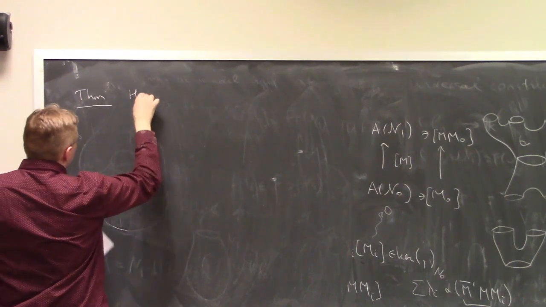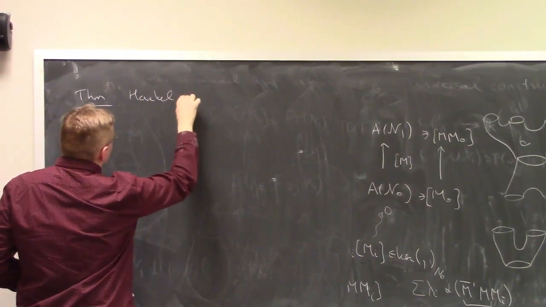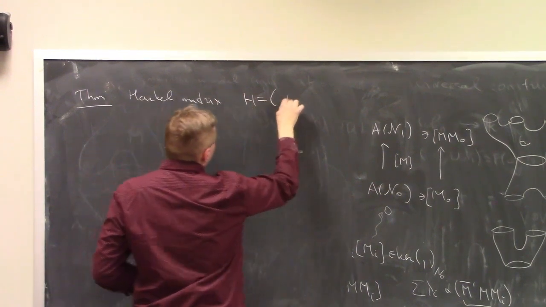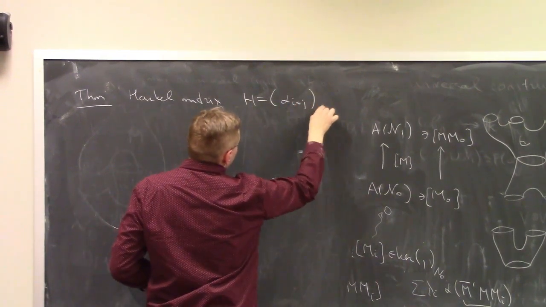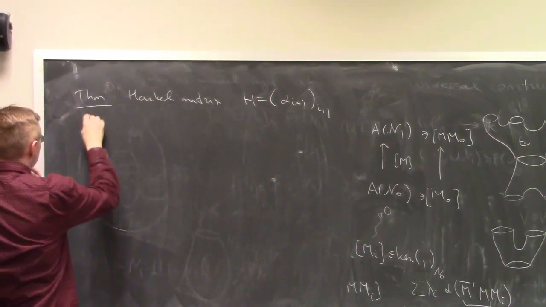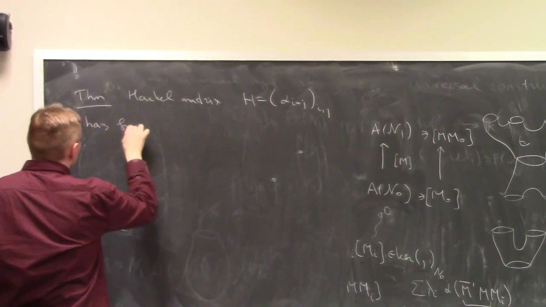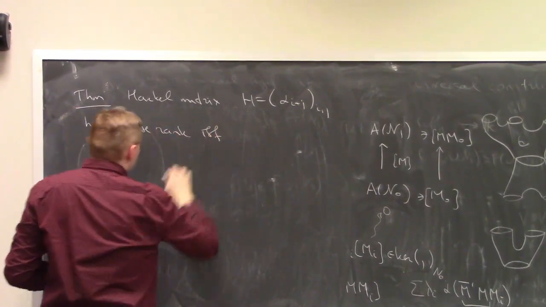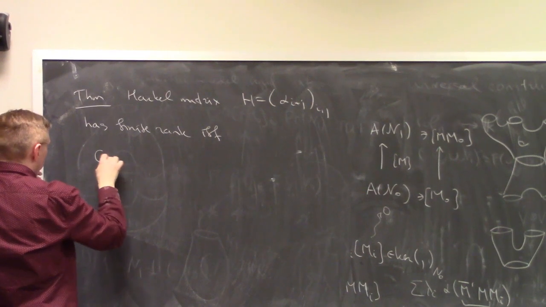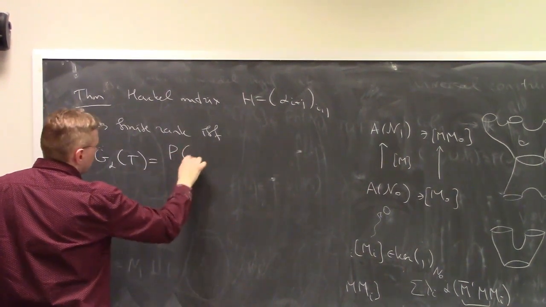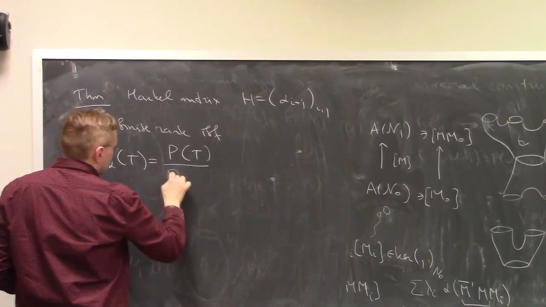The Hankel matrix with entries alpha i plus j, for i, j indexing rows and columns, has finite rank if and only if the generating function g alpha of t has the form of a polynomial in t divided by a polynomial in t.